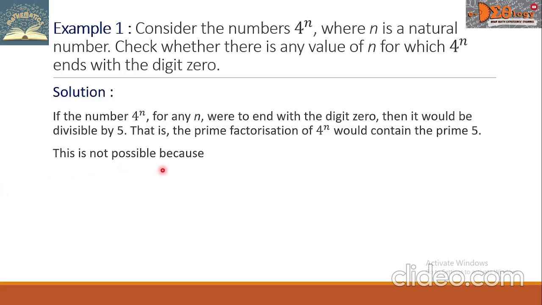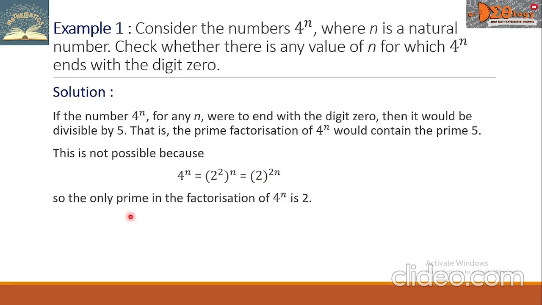This is not possible because this 4 raised to n we can express as 2 squared raised to power n. Then we multiply the power 2 by the n. We have now 2 raised to 2n. So the only prime in the factorization of 4 raised to n is 2.